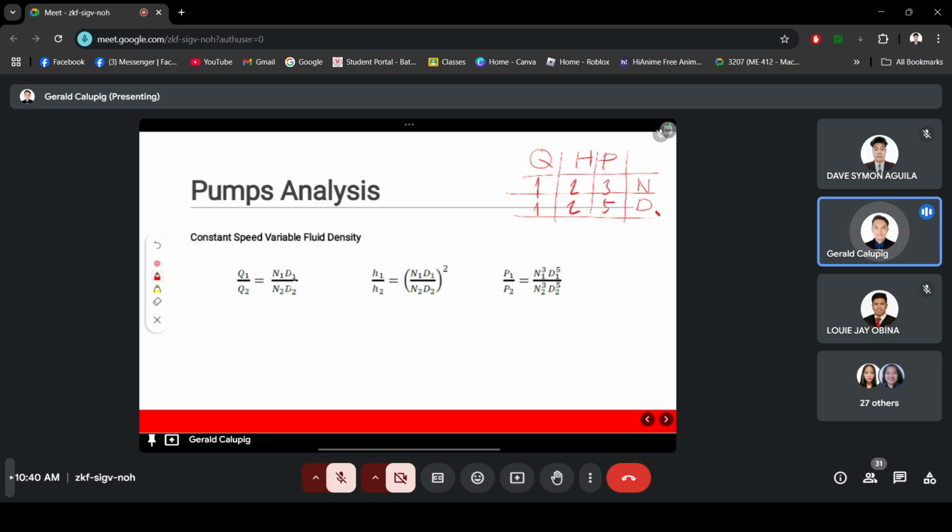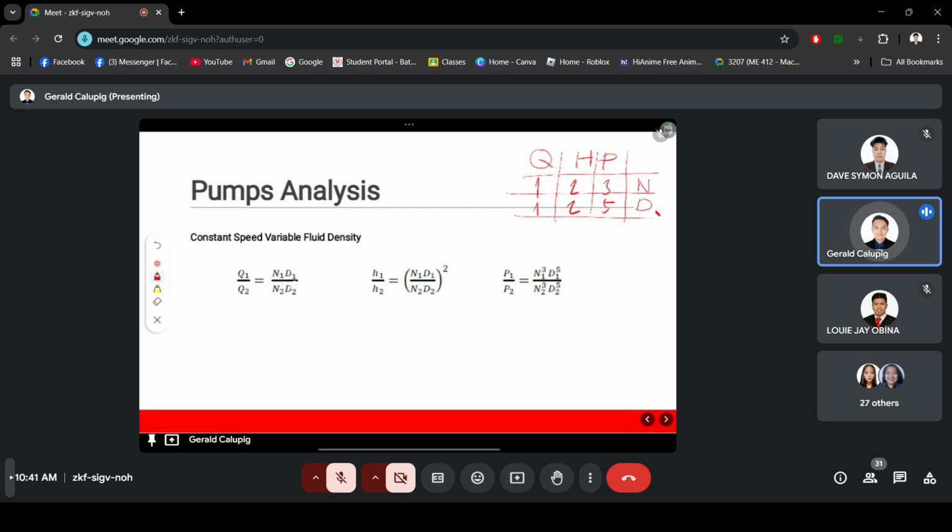Okay, for Q, they said constant speed, variable fluid density. When our variable is fluid density, we can have Q1 over Q2 is equal to N1D1 over N2D2, right?